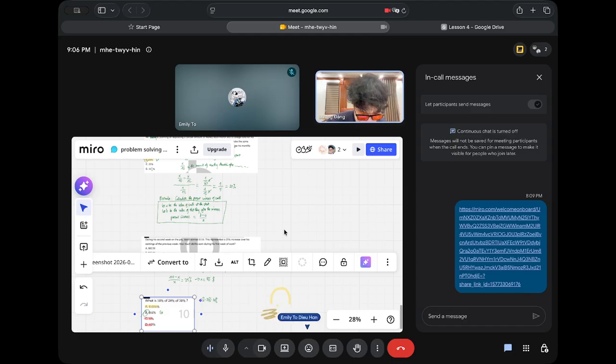Is the answer? Did you know why? Because it's, you know, it's percent here. It's percent. Be careful with the unit, right?